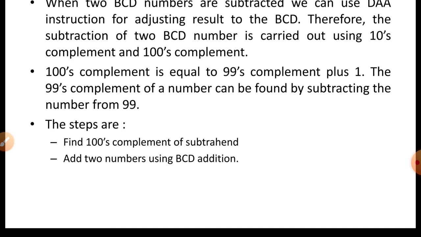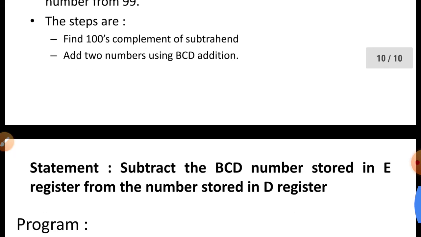Similarly, suppose we have to take the 10's complement of 7. We subtract 7 from 9, so that we get 2, and then we add 1, so that the result is 3. So the 10's complement of 7 is 3.